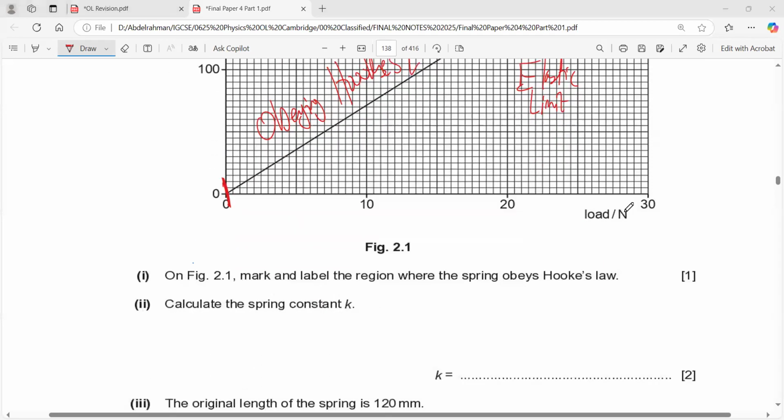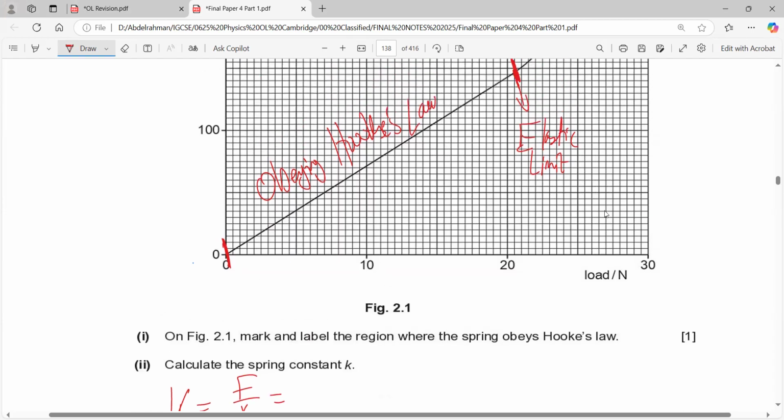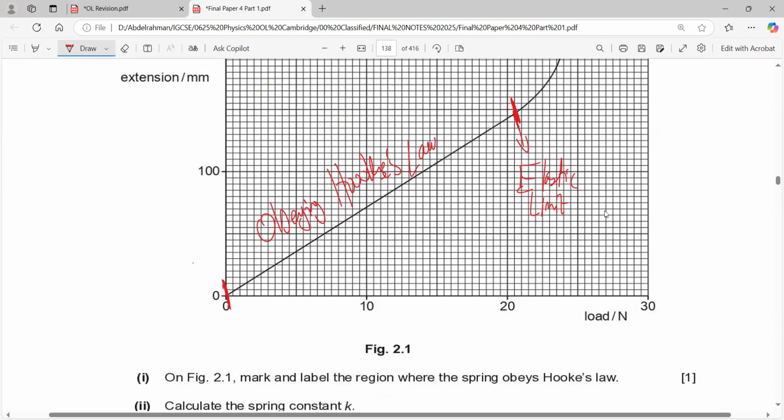ماشي. Calculate the spring constant K. K equals F over X. Whatever F and whatever X you want, just take 2 points from your graph. مثلا, let me take this point.